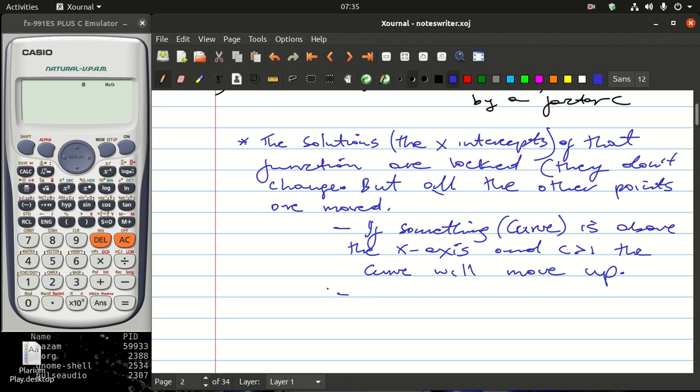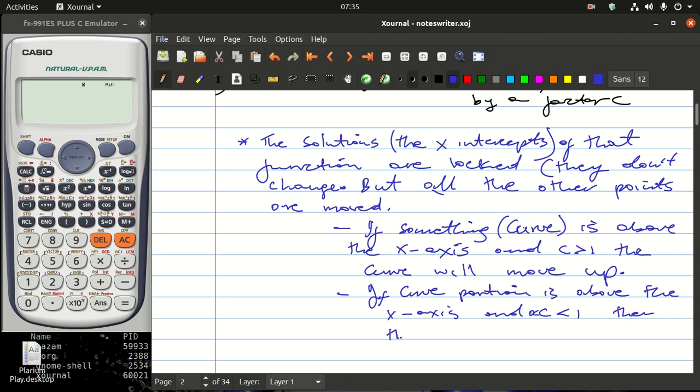And then secondly, if the curve portion is above the x-axis and c is between 0 and 1, then the curve portion moves a little bit down.